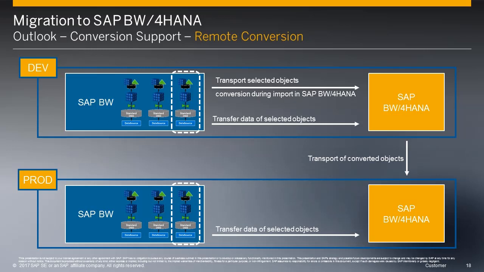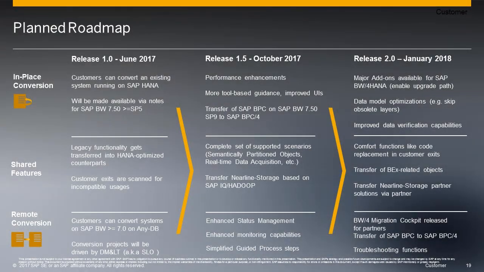Okay, I don't want to go through each one of these bullets, but from a roadmap perspective for the transfer tools, as I mentioned, this is being released in June. And then again in October, there will be release 1.5 with performance enhancements, and then by January of next year, it's going to be very much like an automation based on the features and functionality that is documented here.